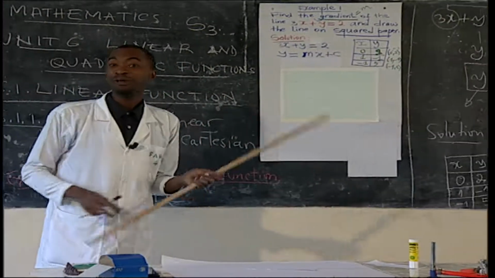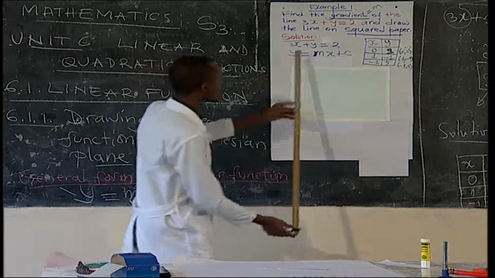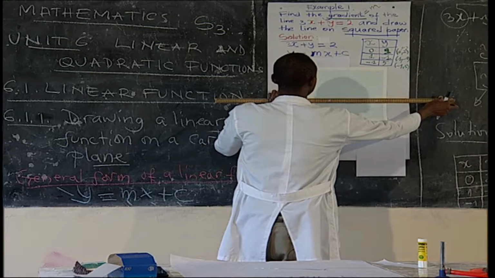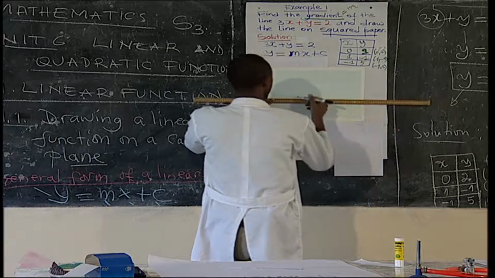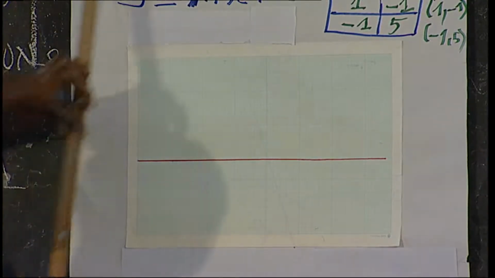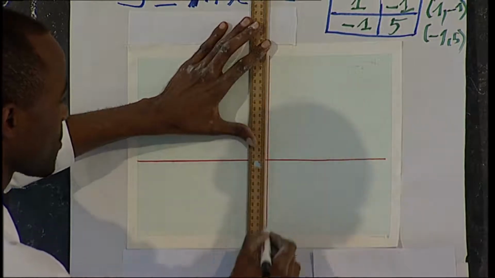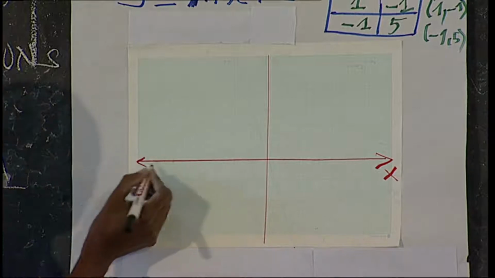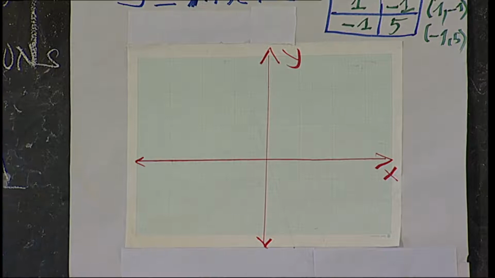I told you, when you're working on a Cartesian plane, you need to have the x-axis. Let's start from the x-axis, like this one. And we need also the y-axis, which is, of course, this one. Do you see them?